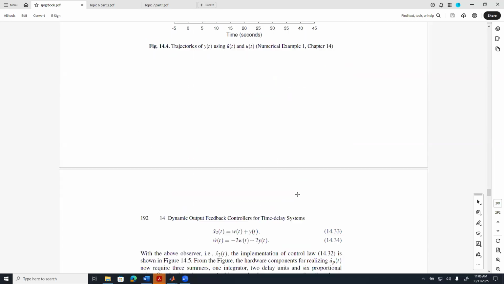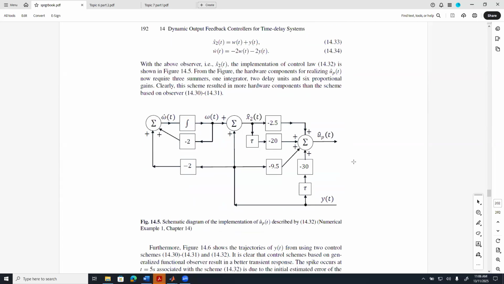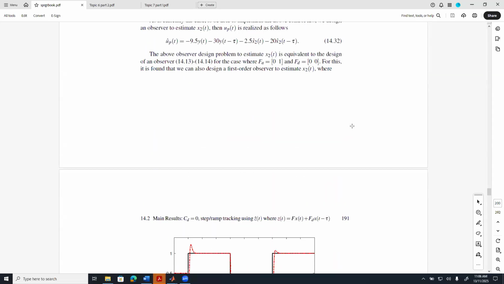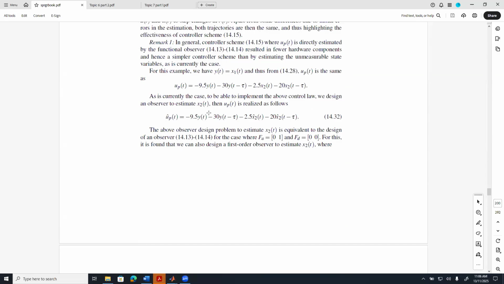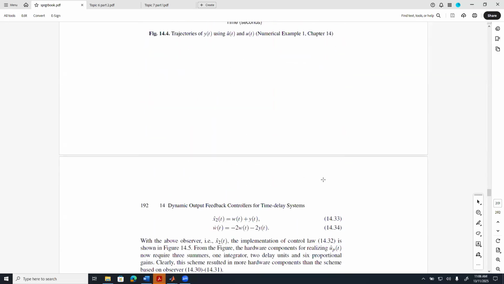And that is where it's shown in this block diagram. Okay. This output measurement here is delayed. And then this bit here realizes minus 30 y(t minus tau). And that's exactly where you can see here, minus 30.